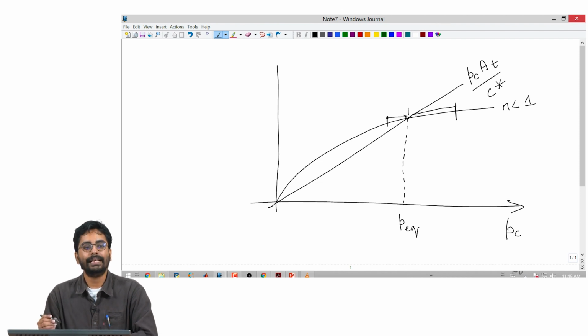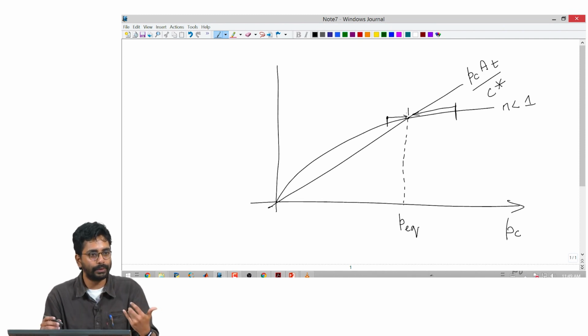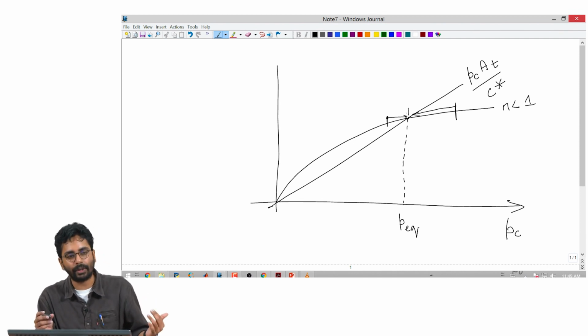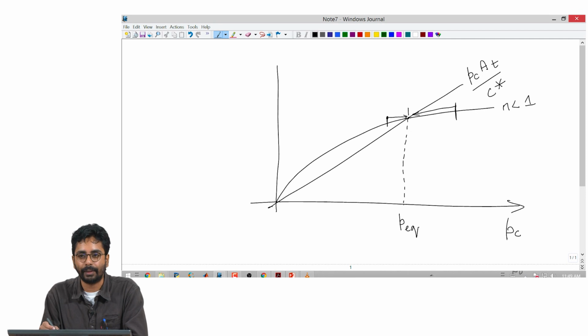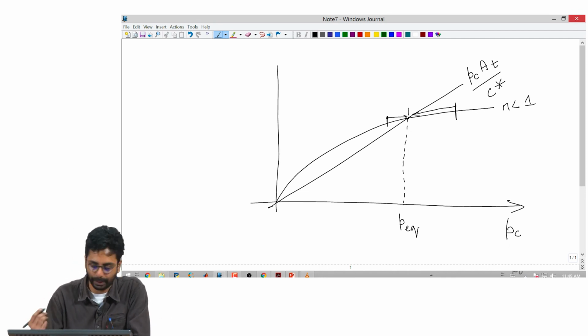So, any tiny perturbation that causes the chamber pressure to go down or up is not very serious, because the rocket will automatically go back to the point of equilibrium, because of how the relationship between the inflow and the outflow is.